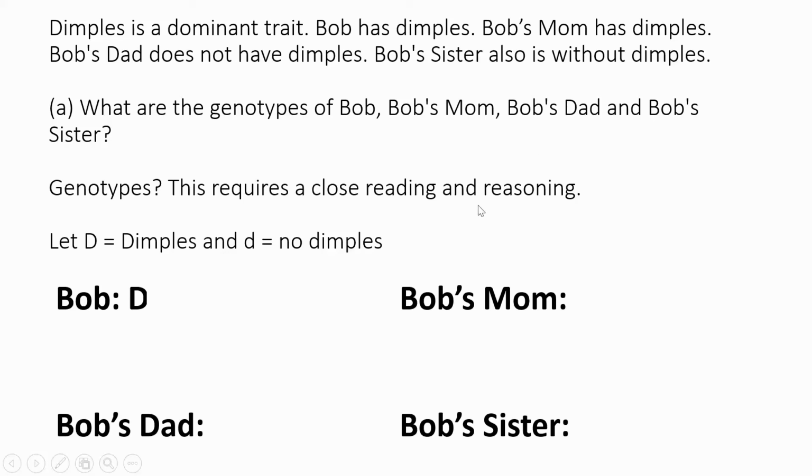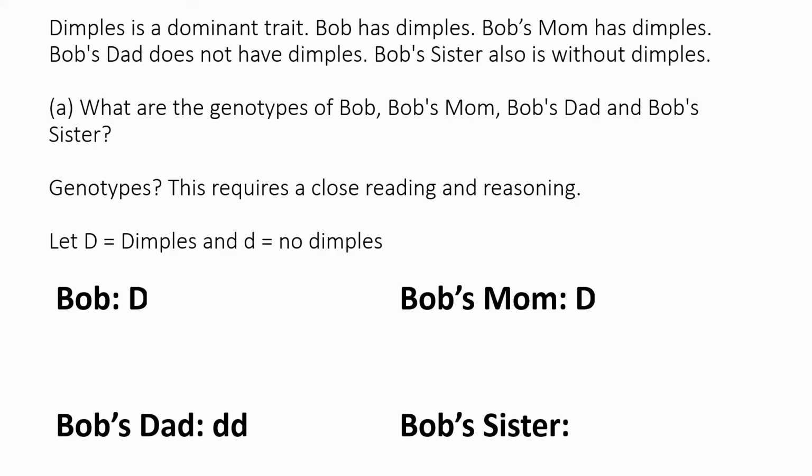So Bob's mom has dimples, same scenario. We don't know enough about the whole case here to decide if they're heterozygous or homozygous, but we know Bob and Bob's mom both have at least one dominant allele because they both have dimples. Okay, Bob's dad does not have dimples. That is very helpful because that tells us that Bob's dad is homozygous recessive, because the only way to have the phenotype of homozygous recessive is to have two recessive alleles.